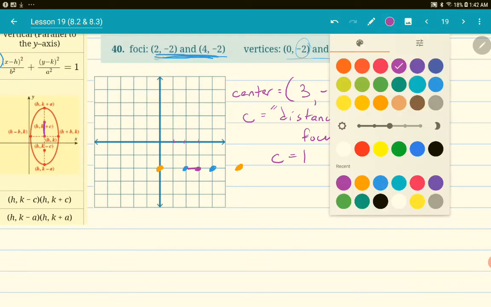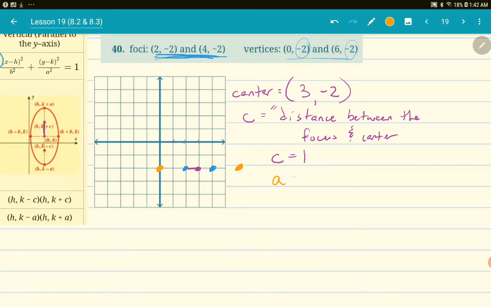And I can find a because I found out that this is going to be horizontal. The major axis goes along the horizontal because the foci go horizontal. So a is the distance from the center to the vertex of the major axis.